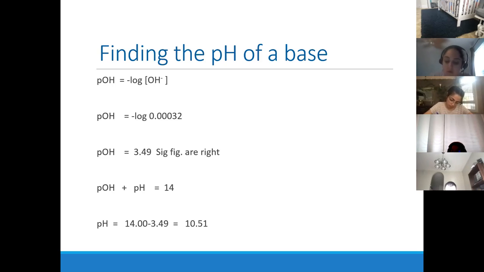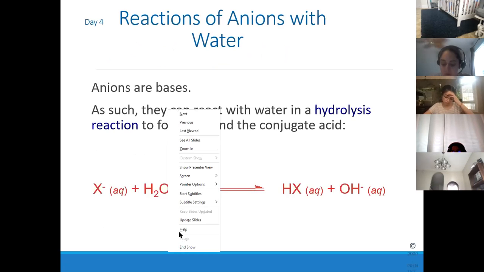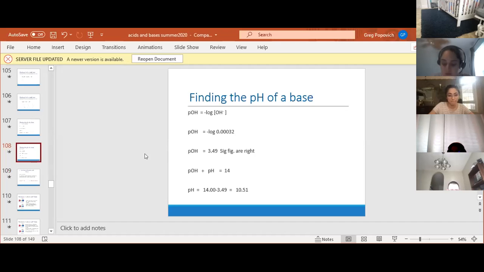Use the Kb equilibrium constant expression to determine your concentration of OH minus. Turn the OH minus into a pOH. Subtract that from 14. That will be your pH.